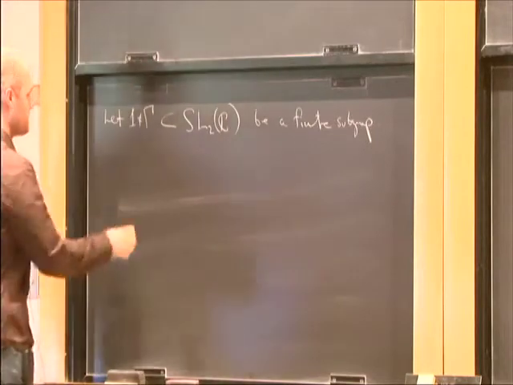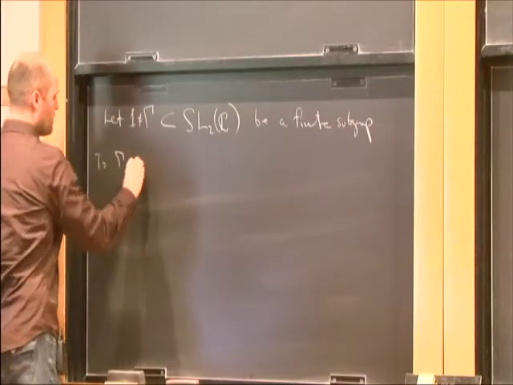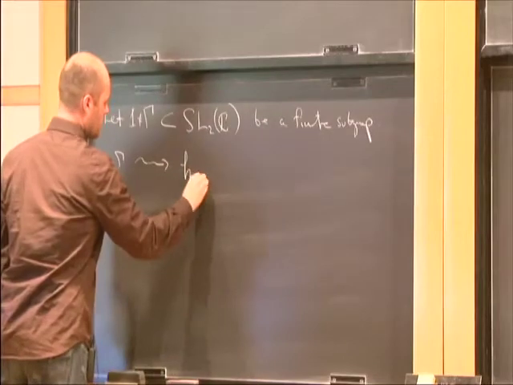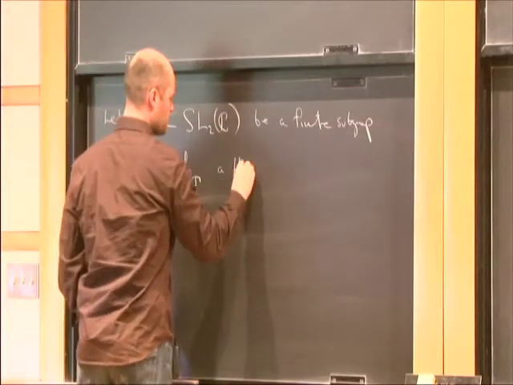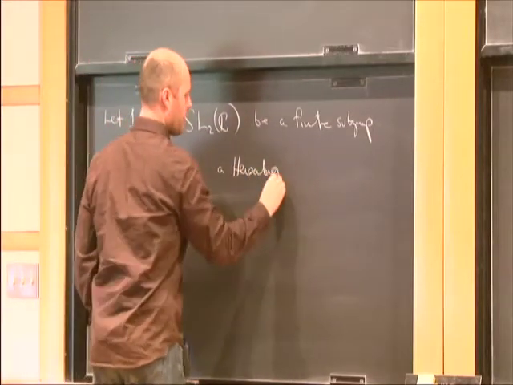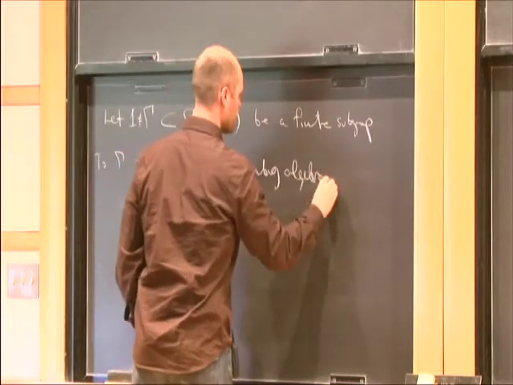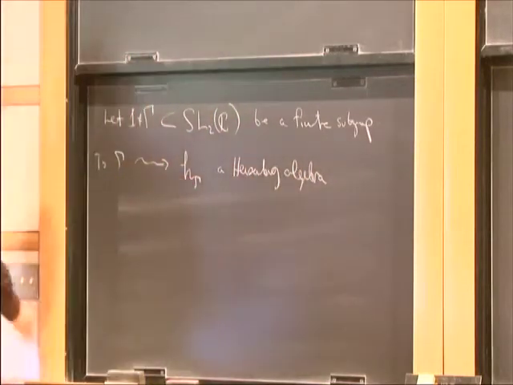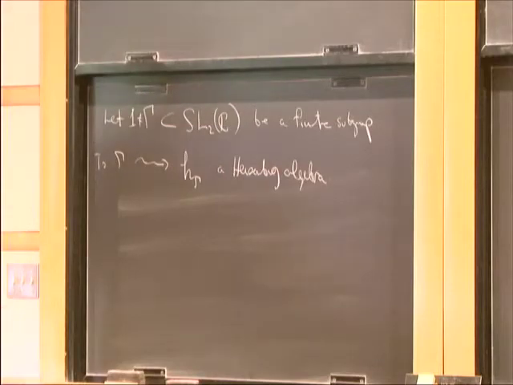So the first thing I'll do is define. To gamma, we'll assign a Heisenberg algebra, which I'll define in a moment. The definition takes a couple steps. So I want to tell you what this object is and then explain how it arises in geometry.